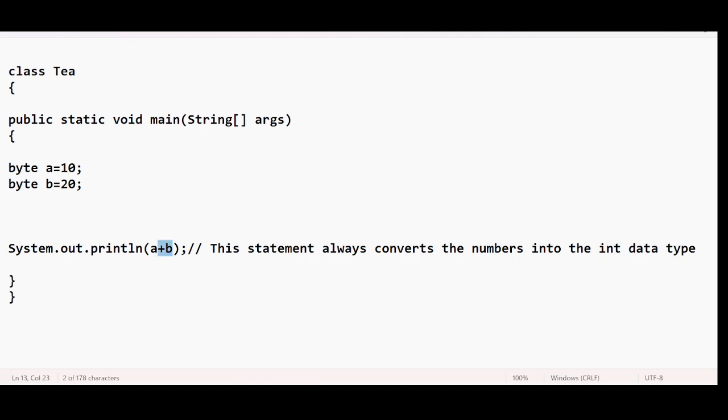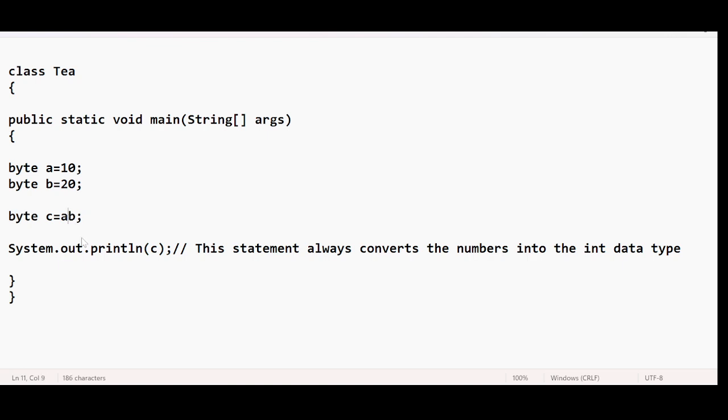If you add directly, then you could ask me one more question, sir: a is of type byte, b is also of type byte. But when the plus operation is used directly inside, whenever you use the plus operator, it expects the data type to be integer.